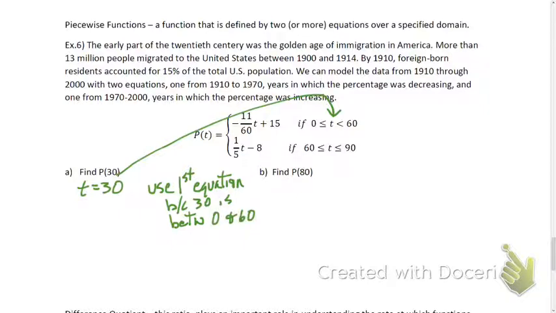All right, let's plug in 30. I have negative 11/60 times 30 plus 15. So I'm going to multiply on my calculator. Negative 11 times 30, divide 60, add 15, and I get 9.5.